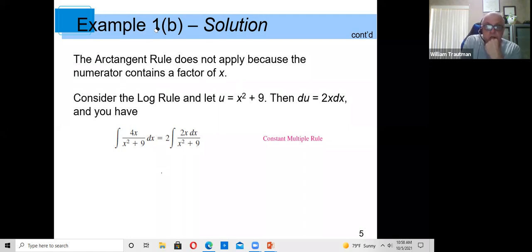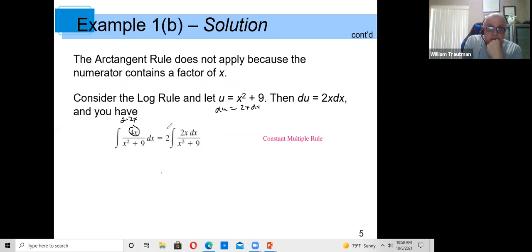However, if you look, if we make the bottom u, and then the derivative of u is just 2x. They show that here. So we could say this is our du. But remember, 4 is 2 times 2.